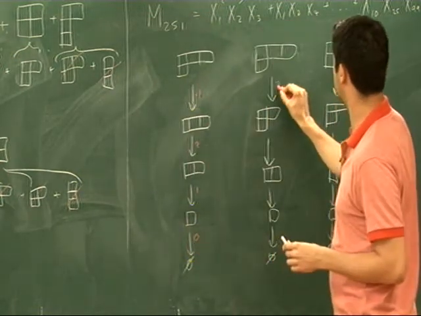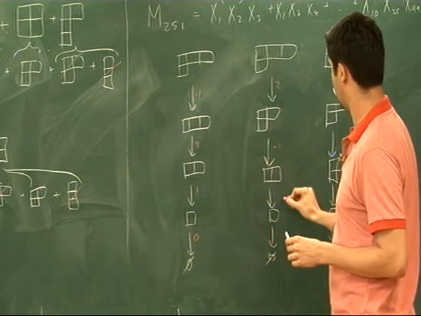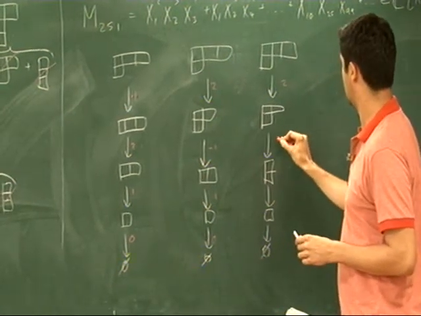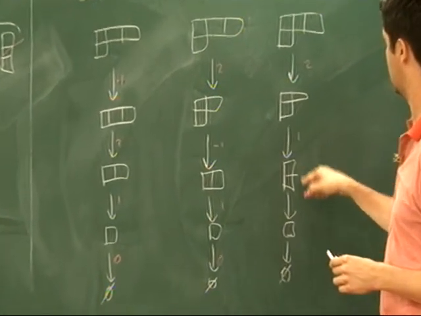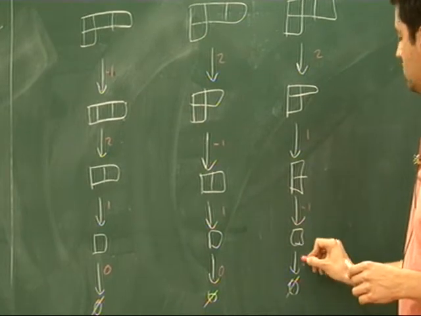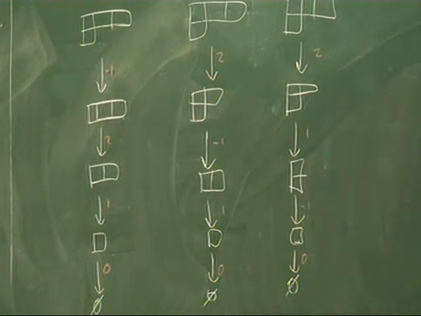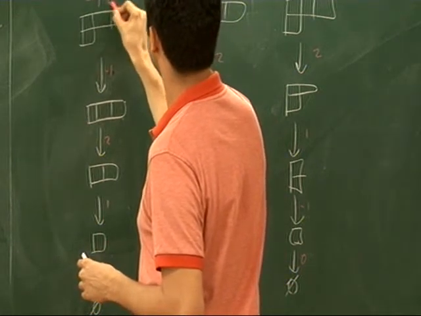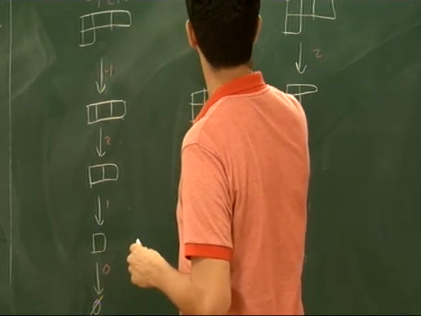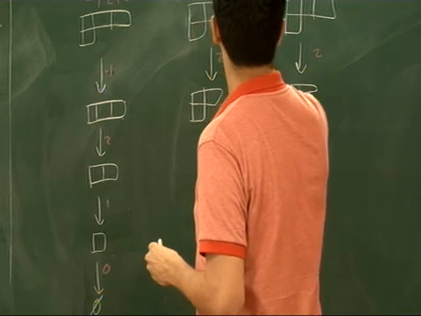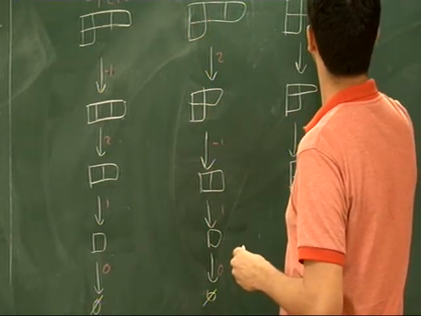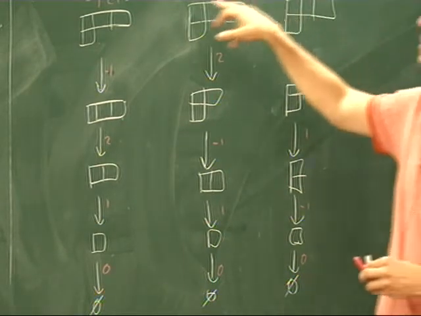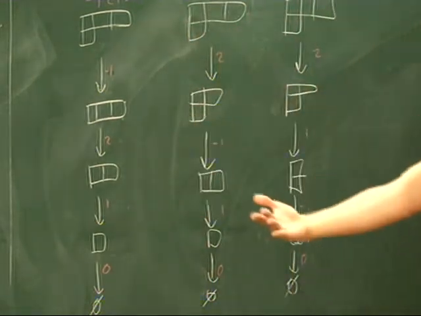The next one is 2, minus 1, 1, 0. And the next one is 2, 1, minus 1, 0. Y'all with me? So I'm going to call them minus 1, 2, 1, 0; 2, minus 1, 1, 0; and 2, 1, minus 1, 0. Okay? And now I'm going to look in one of these chains, where is there an ascent?